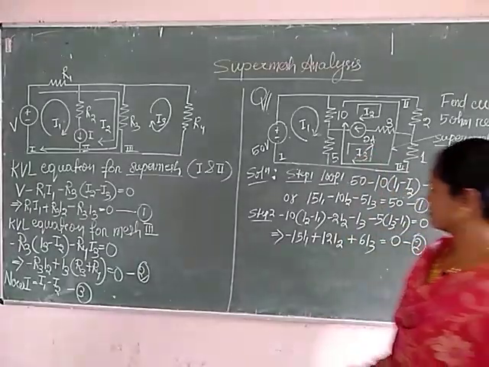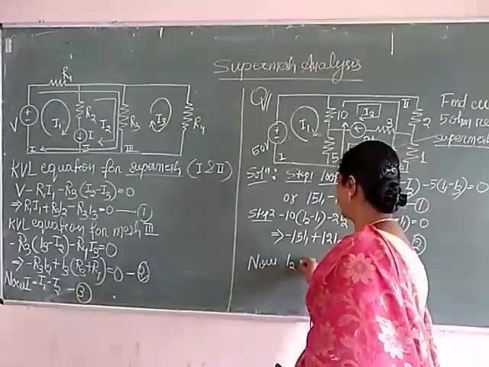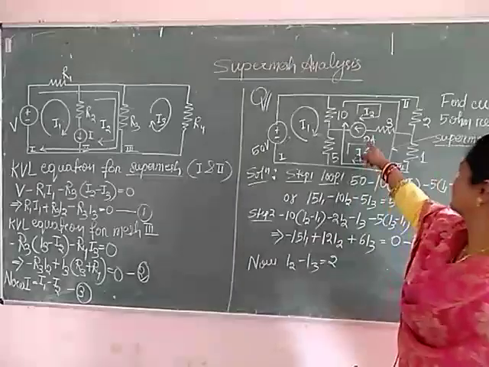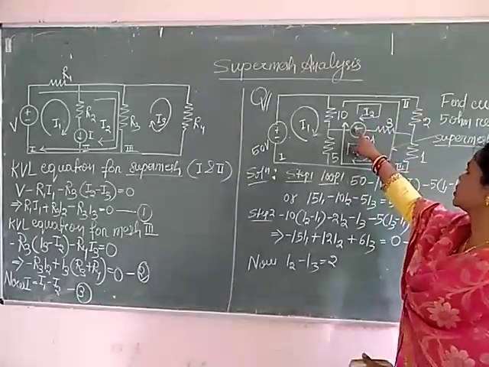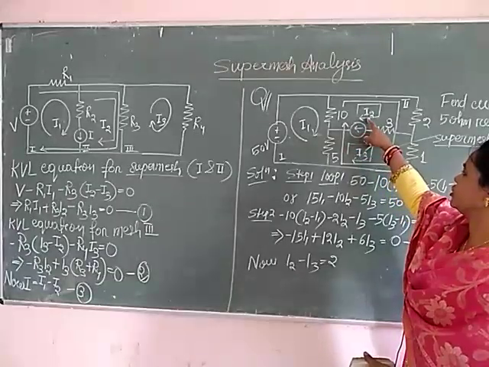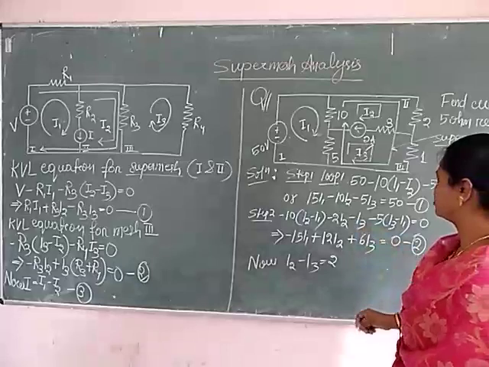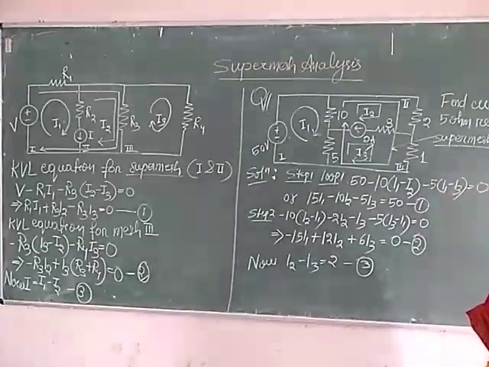Hence, now I2 minus I3 equals, why do I take I2 minus I3? As this direction is the same as the direction of I2. Hence, I assume I2 is greater. I2 minus I3 equals 2 ampere. This one is equation number 3.